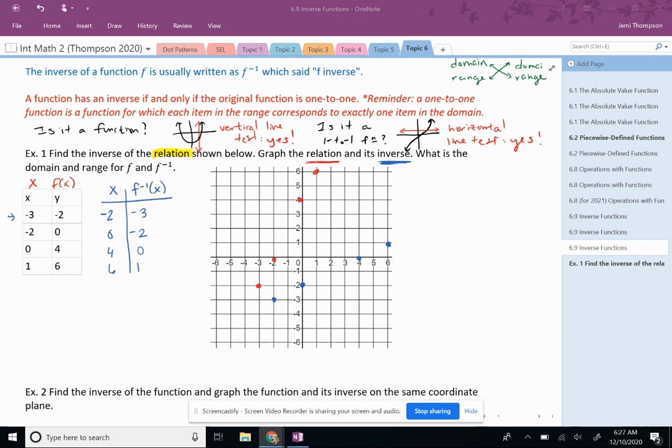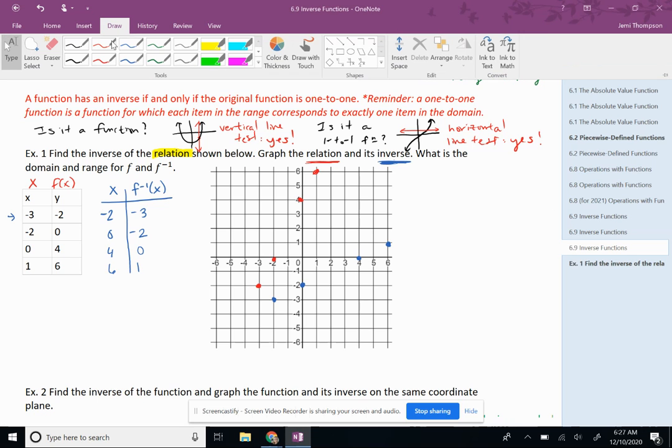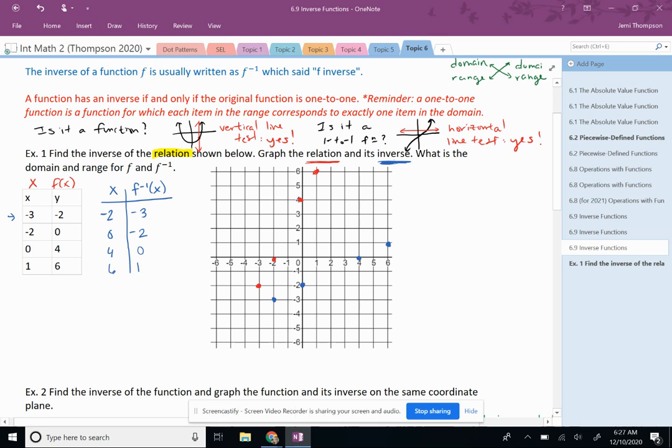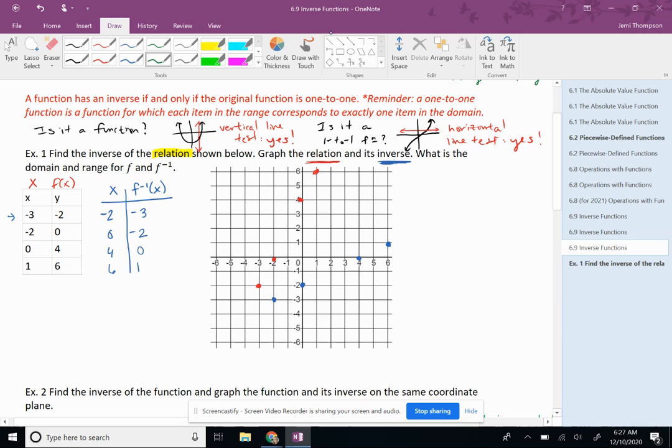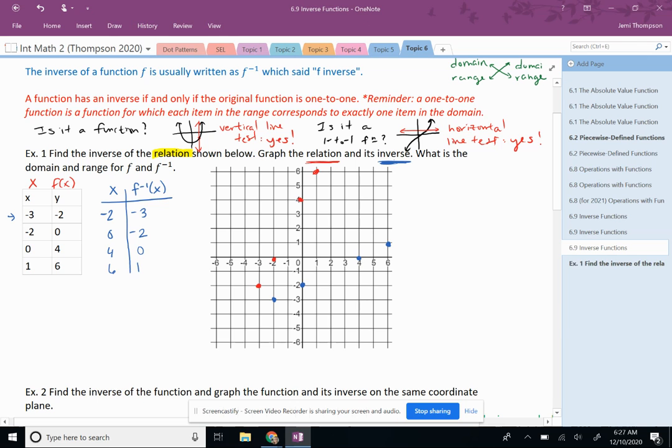Great. So while we're talking about graphs here, let's see if I can effectively draw a line. Let's see how this goes. Okay, great.